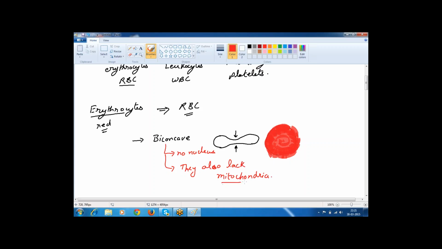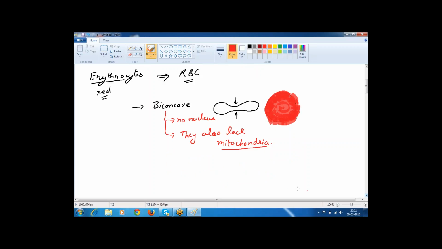Why? Because mitochondria is the site of oxidative phosphorylation, which means oxygen is used here in mitochondria. So whichever oxygen we inhale with every breath, it is used in mitochondria for oxidation of food in our body. Now, the job of RBCs is to transport oxygen.